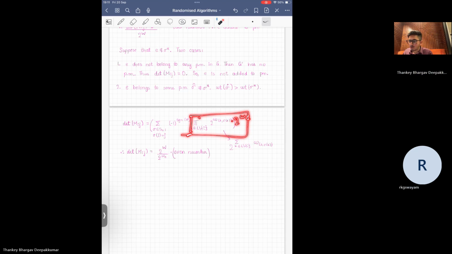Now, we know that E is not in sigma star, so no perfect matching containing E has the minimum weight. So the minimum weight is W, capital W.